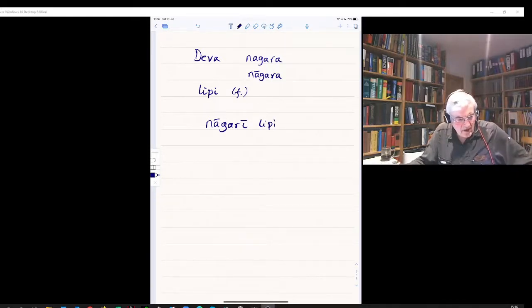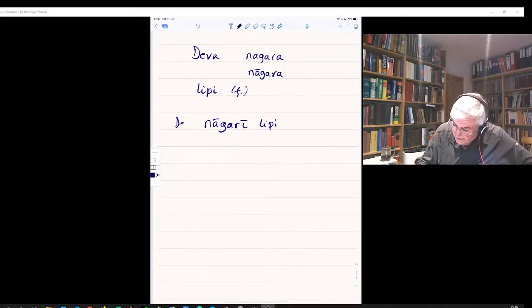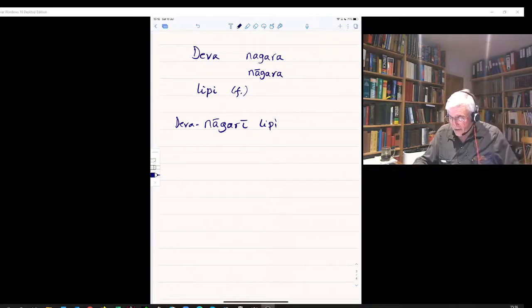Now, we don't know actually whether there was a city called Devanagara, the god city, the city of the gods, but the script came to have the name Devanagari, the divine urban script, or the script of the city of the gods.